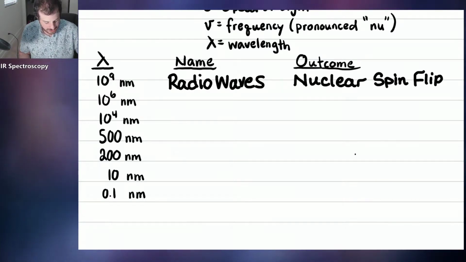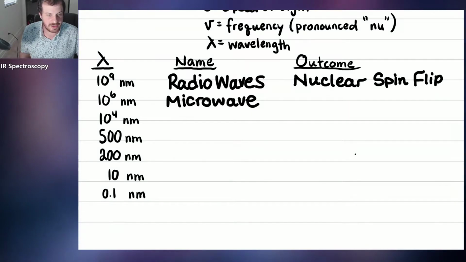If you shine 10 to the 6 nanometer light, which is slightly higher energy, we call that microwave light. And we're all familiar with and love our microwaves, don't we? Because when you expose a molecule to microwave radiation, it causes molecular rotation.